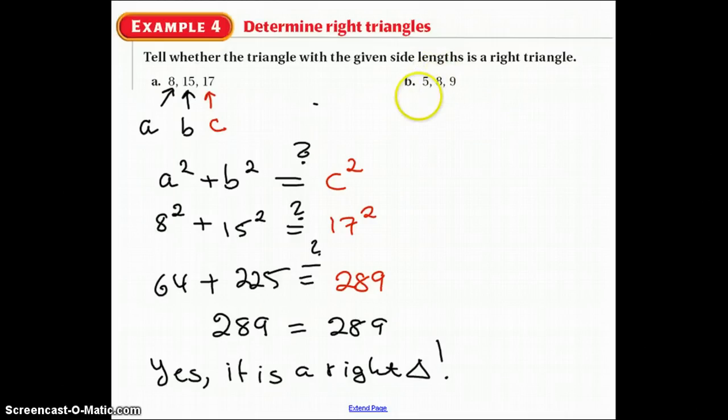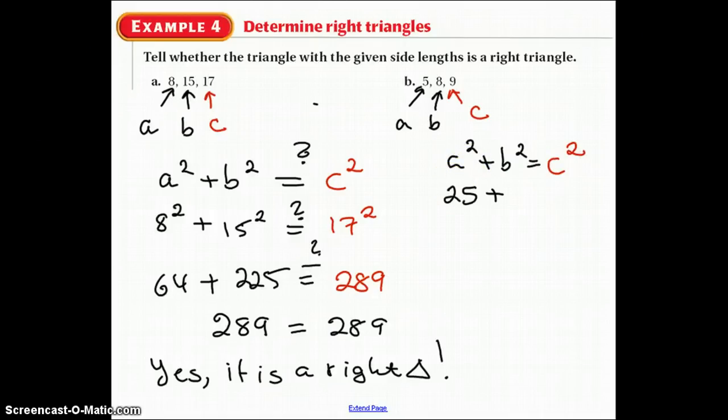Okay, so here's another one for us. We're first going to find the longest side. So we have 5, 8, and 9. So 9 would have to be the hypotenuse, or C in our case. And then 5 and 8 could be the A and the B. And again, we want to check if our equation for the Pythagorean theorem is going to hold true. So A squared is 25, B squared is 64, and C squared is going to be 81.